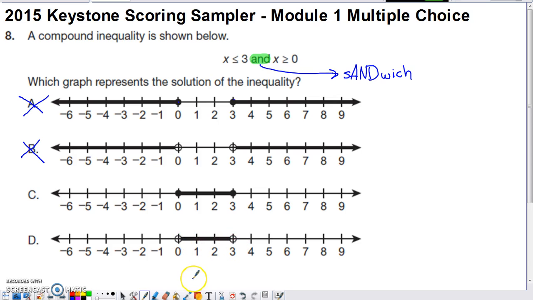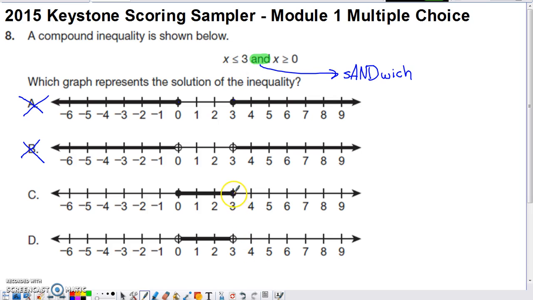So I guess the distinction that we have to make is whether or not we need to have closed circles as the endpoints or open circles as the endpoints. Well, think about what we've done in order to decide that over the course of the year. This says x is less than or equal to 3. I think I said negative a couple times there, my fault. x is allowed to equal +3.